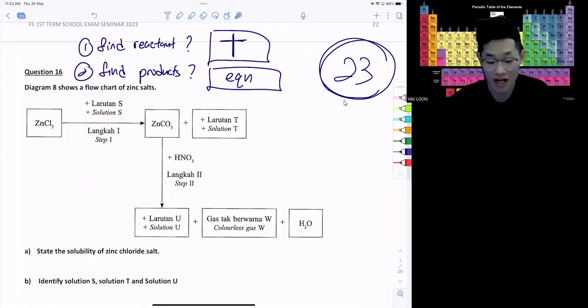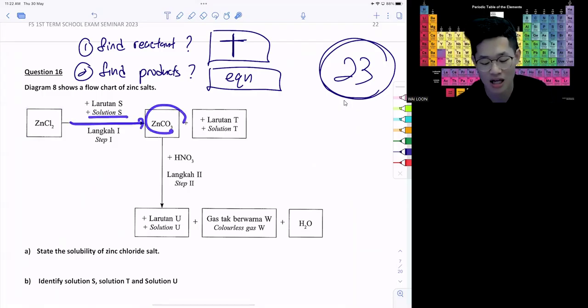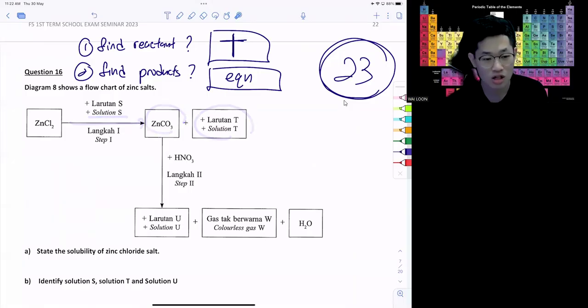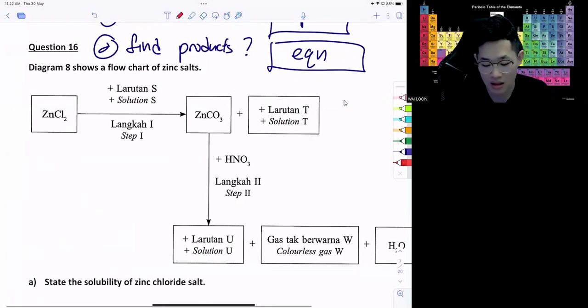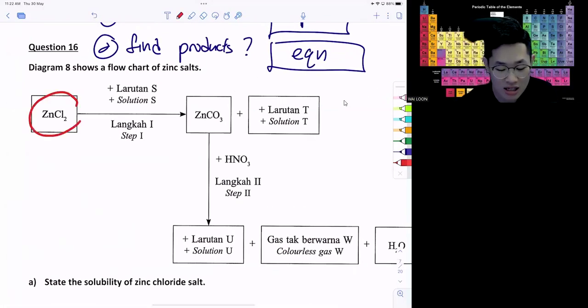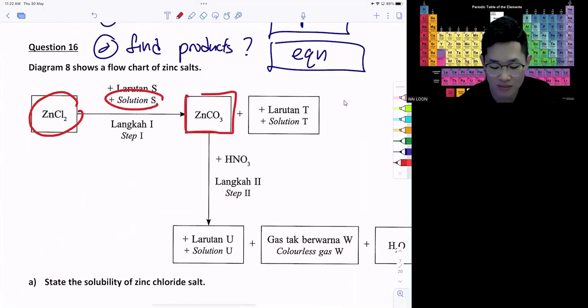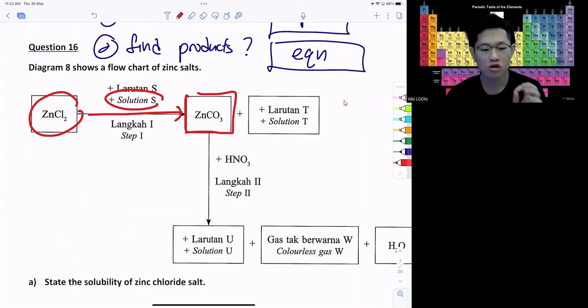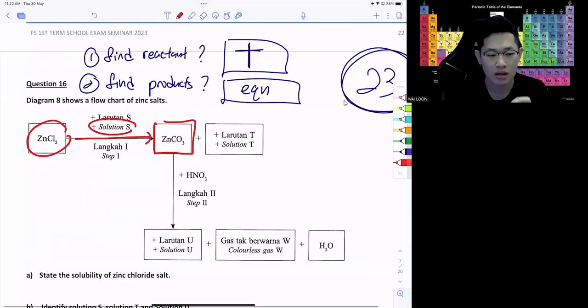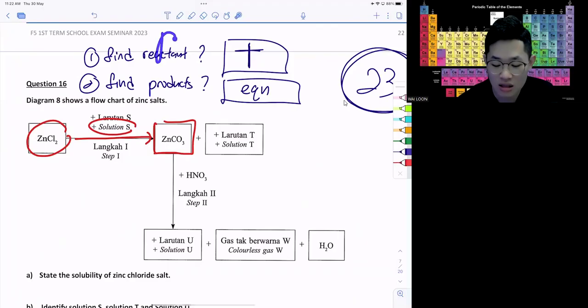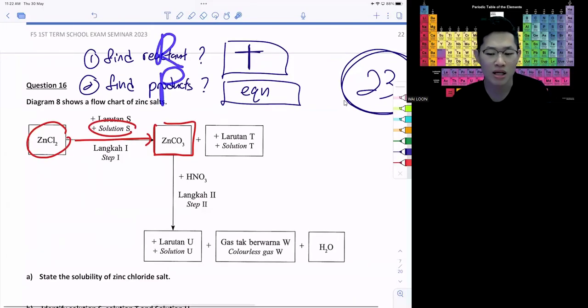We have zinc chloride reacting with solution S. It forms zinc carbonate and solution T. So from this part, they told me that this thing and this thing form zinc carbonate. So the solution S they want me to find is a reactant or product?